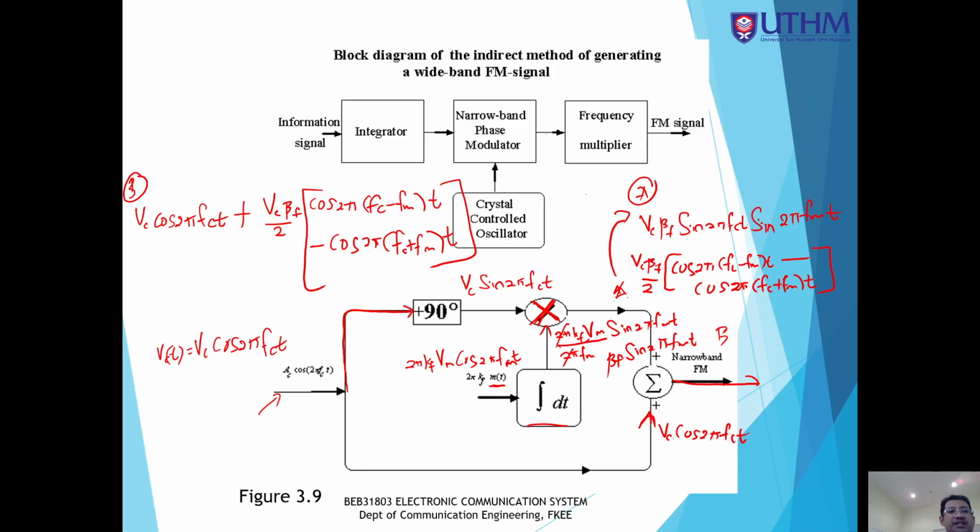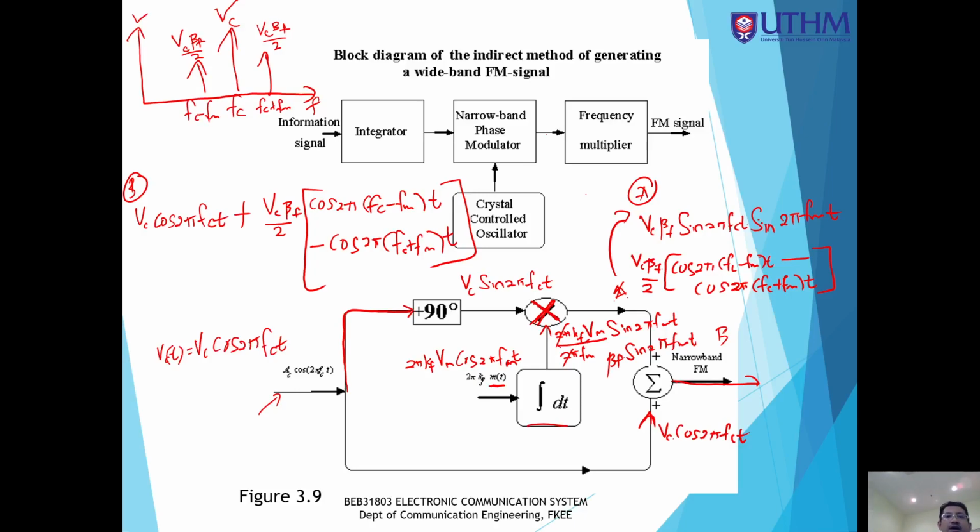If you draw the spectrum of V versus F, you have the carrier over here, you have the upper sideband, and you have the lower sideband. The carrier amplitude is Vc. The amplitude for each sideband is Vc beta F over 2. The frequencies are Fc, Fc plus Fm, Fc minus Fm.